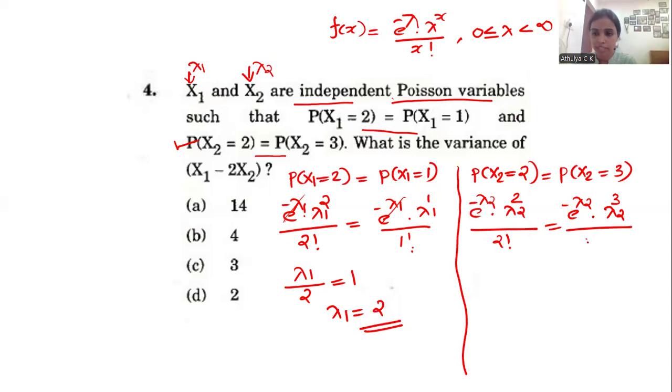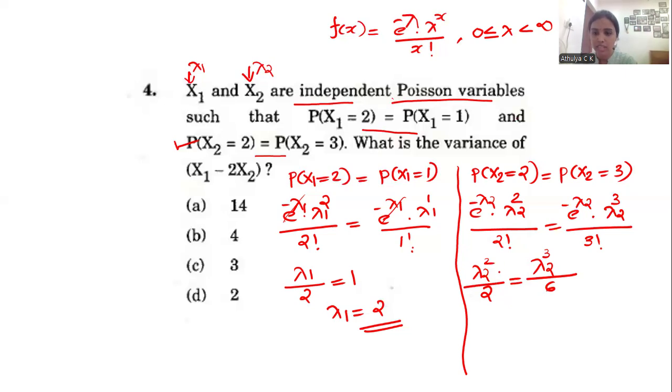So we can cancel the e terms. What will be remaining? Lambda 2 squared divided by 2 is equal to lambda 2 cubed divided by 6. 3 factorial is 1 into 2 into 3, which is 6.